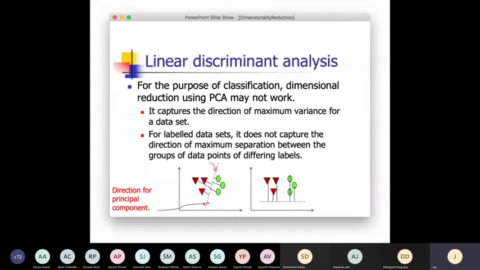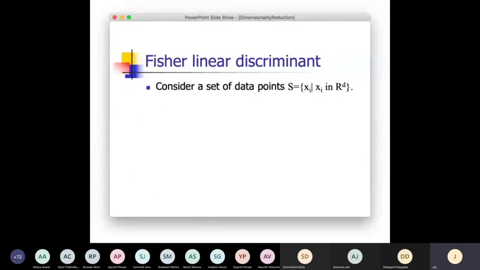So linear discriminant analysis tries to find the direction of maximum separability. Any question? Okay, and this direction is called the Fisher linear discriminant direction.